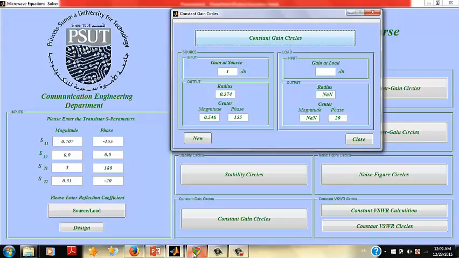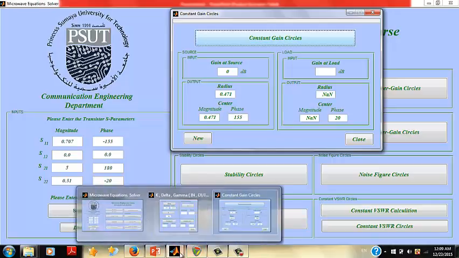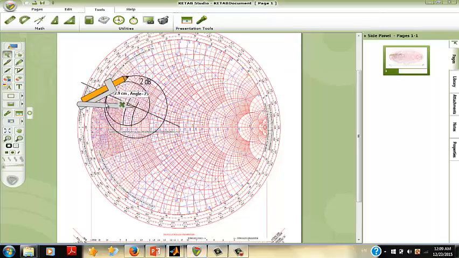Now for 0 dB, the radius and the magnitude are the same. Back to the Smith chart book.